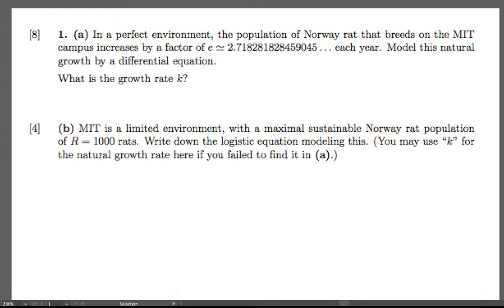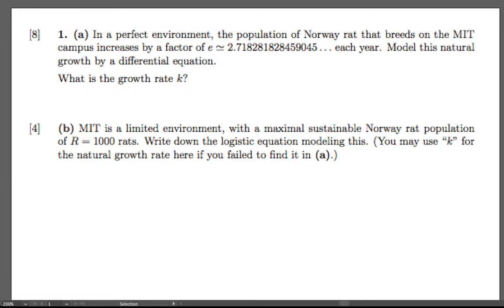In a perfect environment, the population of Norway rat that breeds on the MIT campus increases by a factor of e each year. Model this natural growth by a differential equation. What is the growth rate?